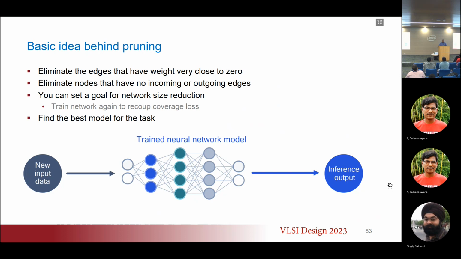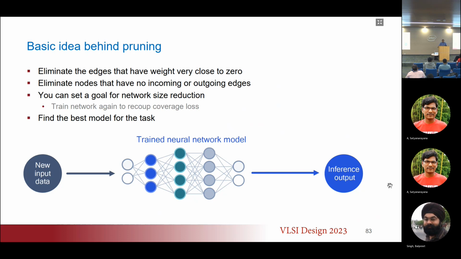This is a built-in option. The very first time anybody tried that idea, it was actually Yann LeCun, and he wrote a paper and gave it a funny title. He called it optimal brain damage, because you're dropping those nodes and damaging the neural network. Since then, people have improved on that pruning technique.